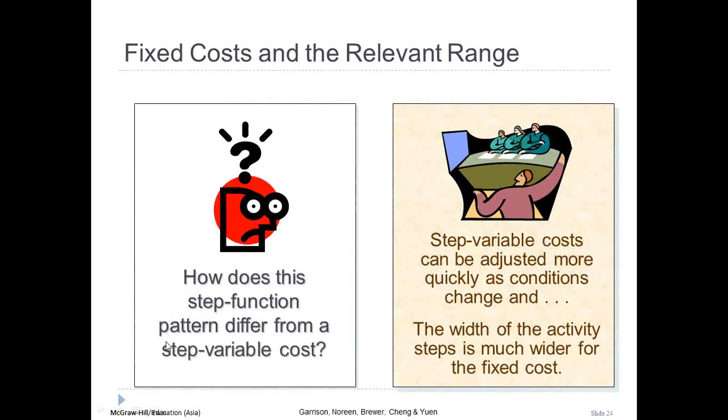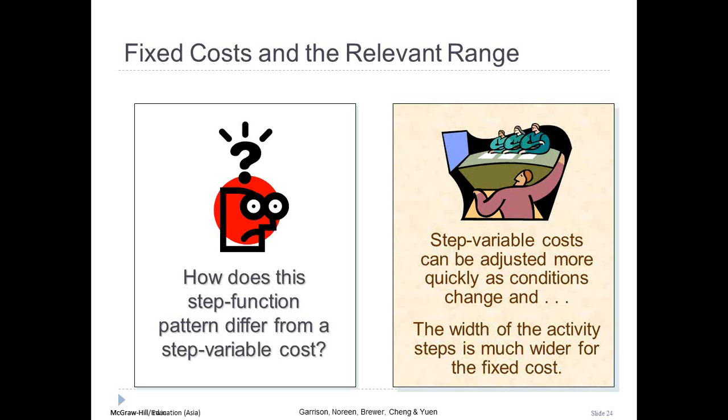Now, how does the step function behavior, how does the step function pattern differ from a step variable cost? Well, the answer is on the right. First, the step variable costs can often be adjusted quickly as conditions change, whereas fixed costs cannot change easily.